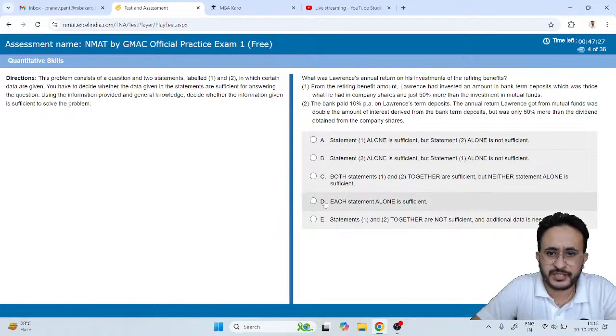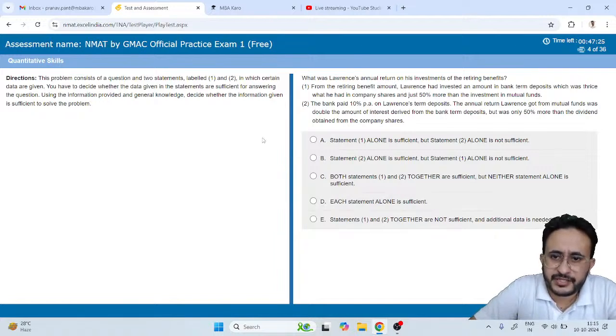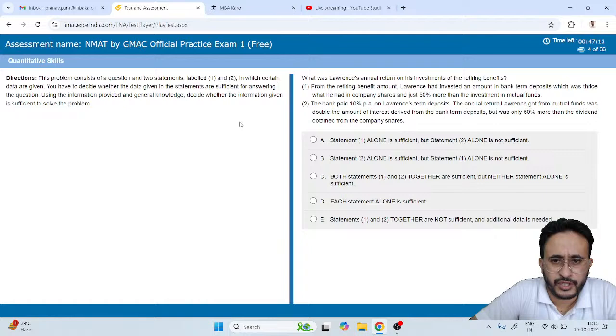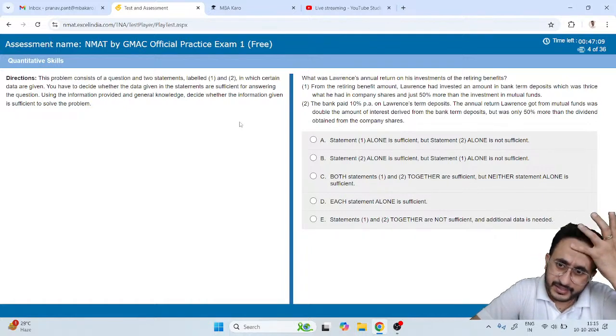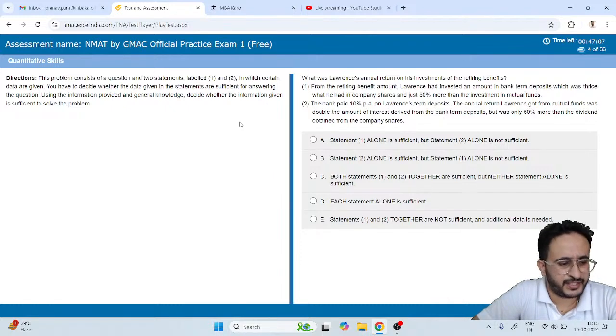It's a standard question. What was Lawrence's annual return on his investment? From the retirement benefit amount, Lawrence had invested an amount in bank term deposits which was thrice what he had in company shares and just 50% more than the investment in mutual funds. In the first case, we are given that he had invested in three things and the ratio is given.